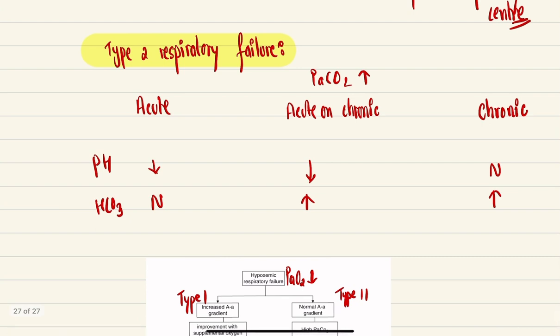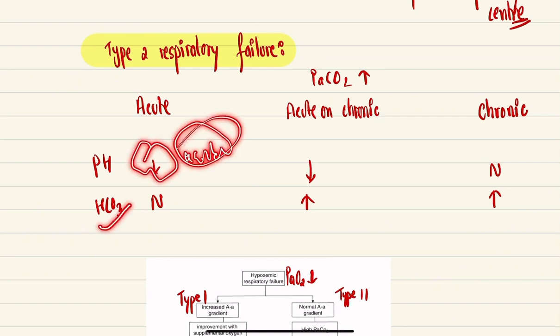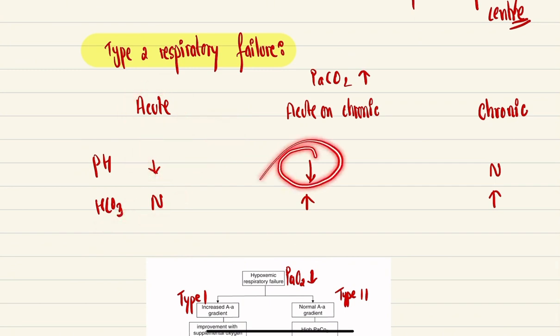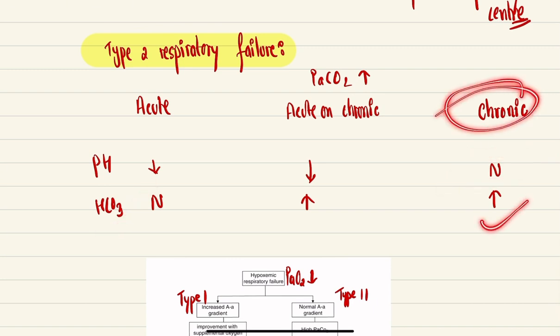We have to see pH and HCO3 bicarbonate. If pH is low, meaning acidosis, and bicarbonate is normal, then it is acute. But if pH is low, acidosis, and HCO3 is high, it is acute on chronic. But if pH is normal and bicarbonate is high, then it is chronic.